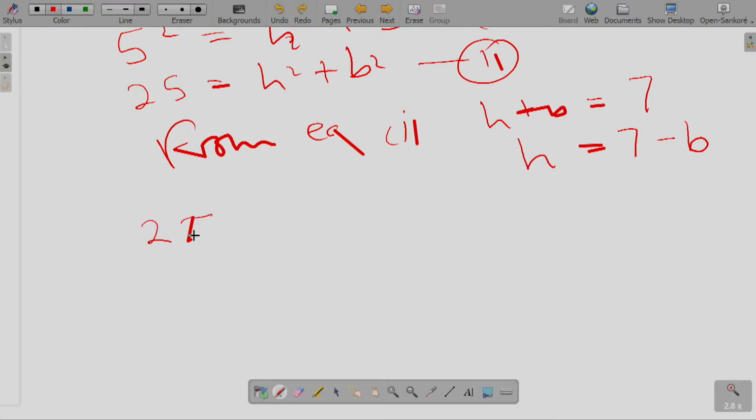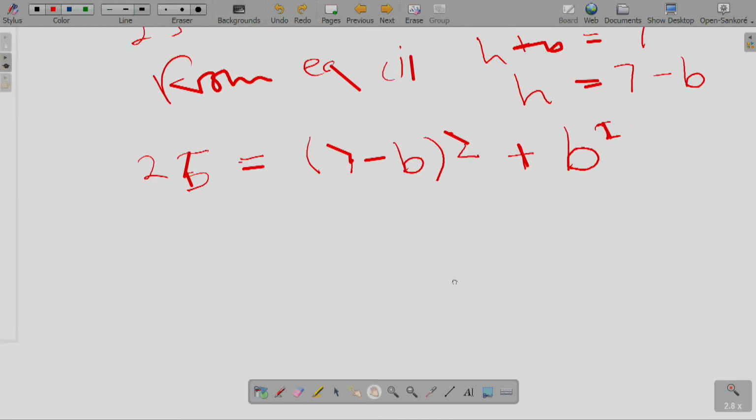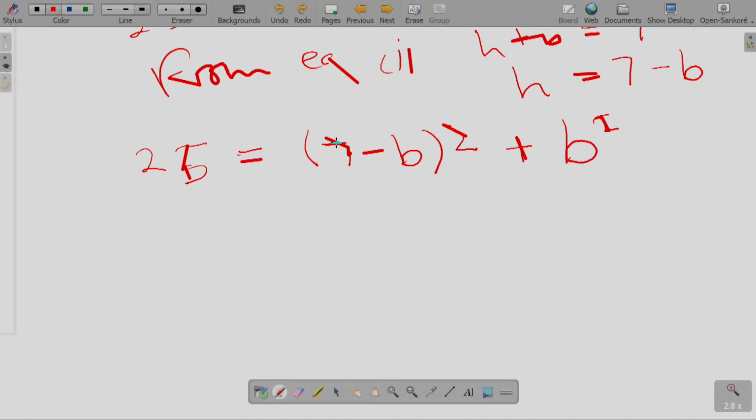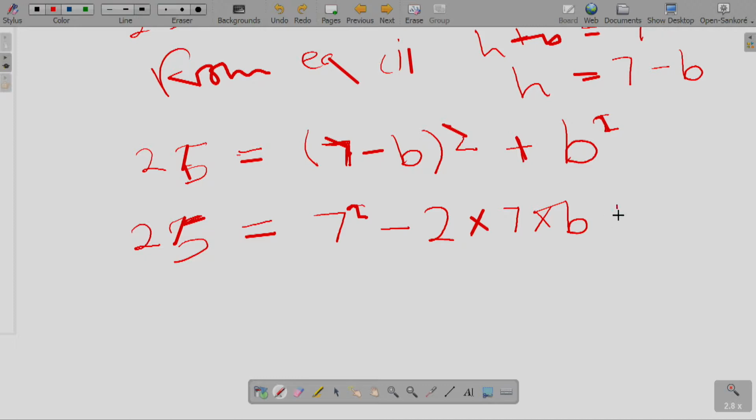So 25 is equal to 7 minus b, whole squared, plus b squared. Here we get 25 is equal to 7 squared minus 2 times 7 times b plus b squared, and here also we have b squared.